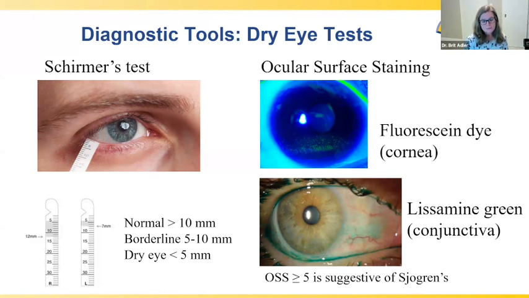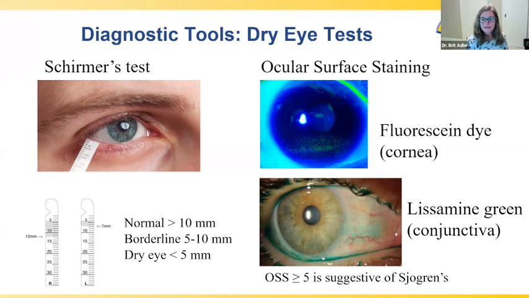That is very helpful for actually quantifying how much tears you make and determining if you actually have dry eye. Then there's another very helpful tool called ocular surface staining. This is done on a slit lamp exam. This test assesses the integrity of your ocular surface, including the cornea and the conjunctiva and the tear film.